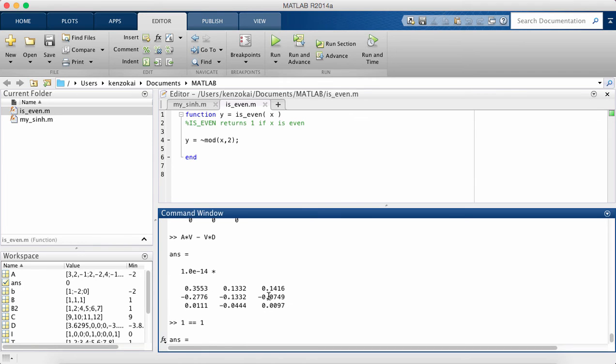But we have to remember that there's always in programming some round off error. If we subtract A*V minus V*D, we should get back very small numbers. We see 1 times 10 to the minus 14, which is indeed very small. So for all intents and purposes, they are still equal, even though == returns false.